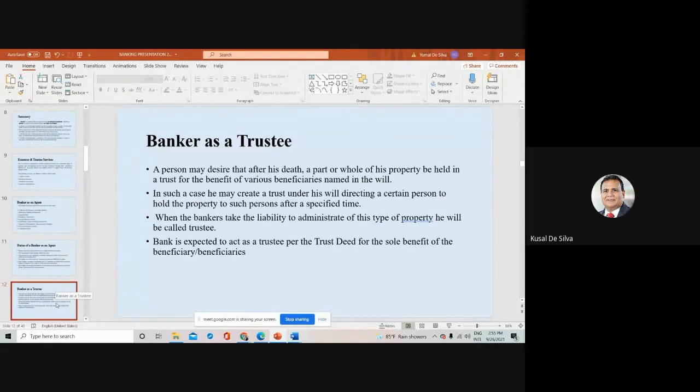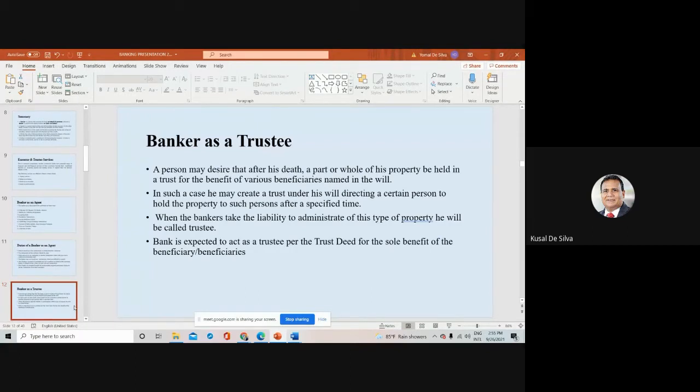These are a little complicated and not very freely seen, but these things are available in the banking system, even though it is not common in every branch. Some trusts have been established for different purposes by different people. That is also possible.